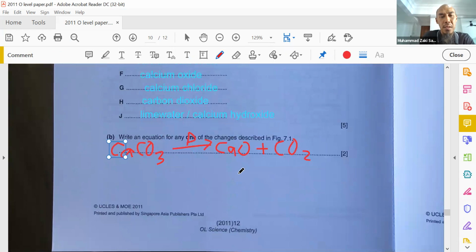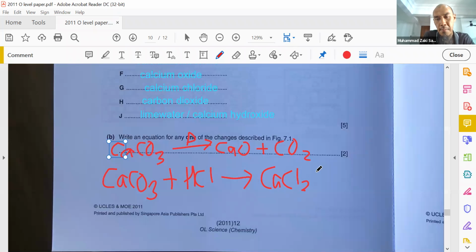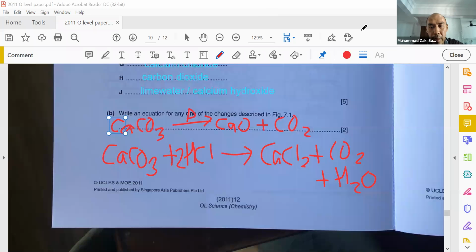So calcium carbonate plus hydrochloric acid gives you calcium chloride plus carbon dioxide plus water, and of course it is not balanced. If you have chlorine here, it is not balanced, so two here. Okay, right. Let's move on to the next question.